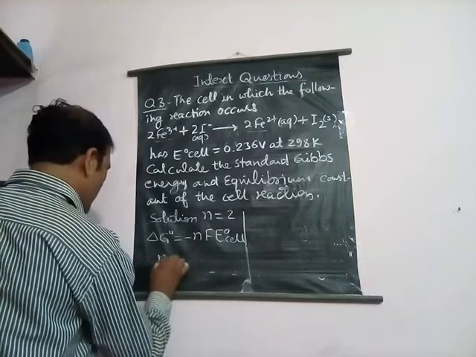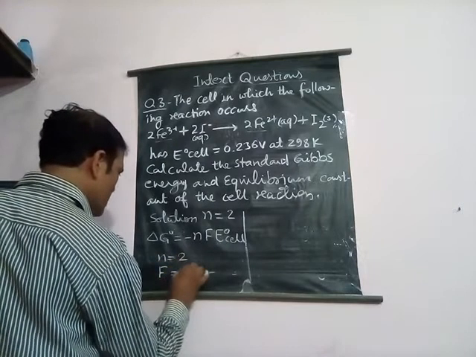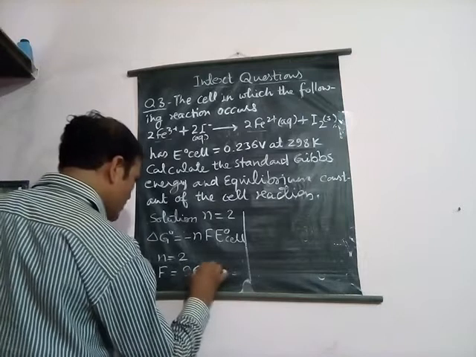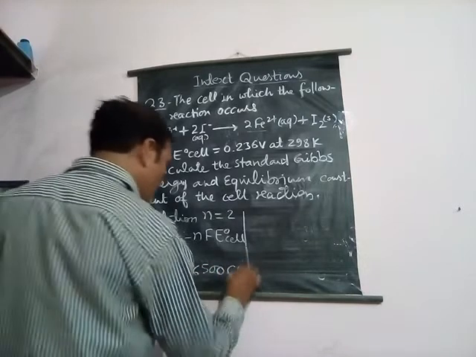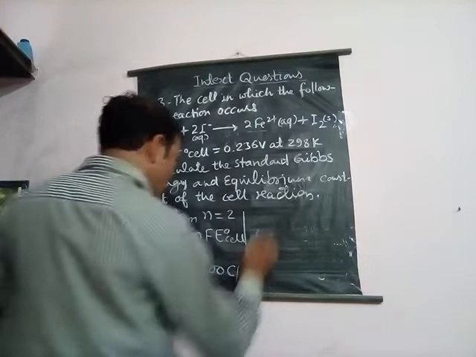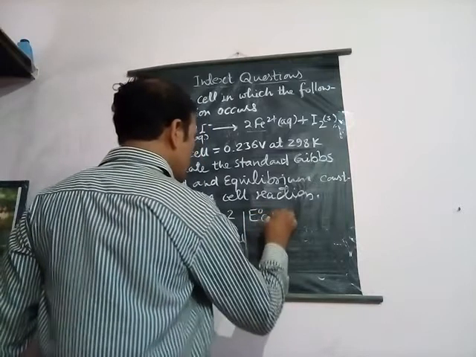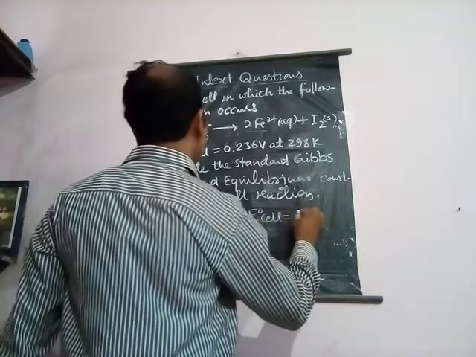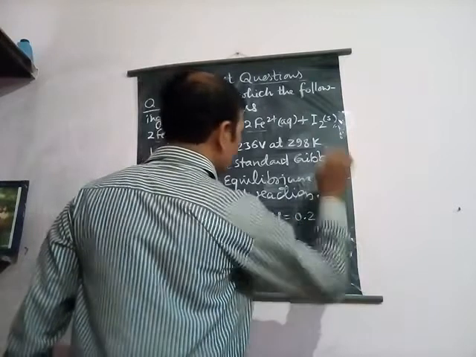So n is equal to 2, F is equal to 96,500 coulomb per mole, and the E° cell value given here is 0.236 volt.